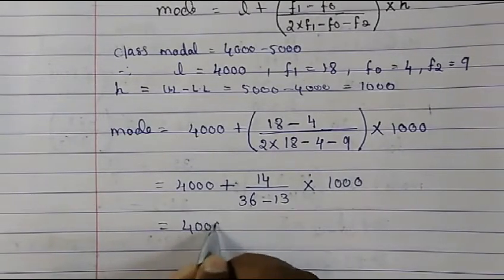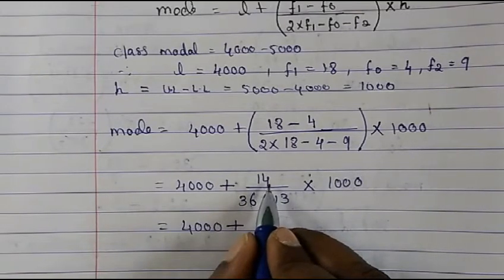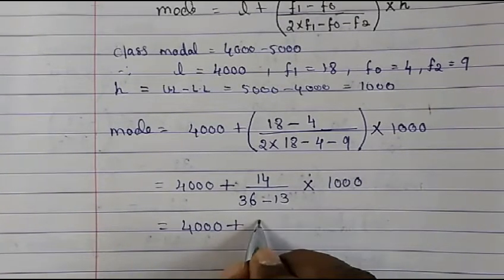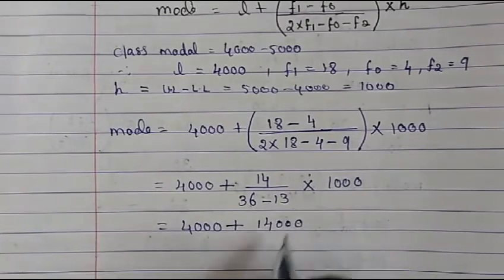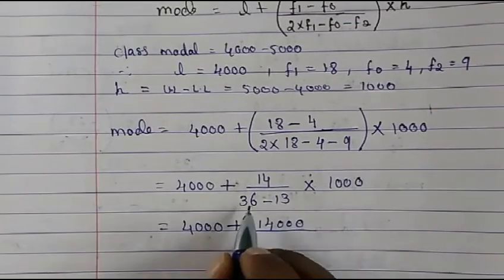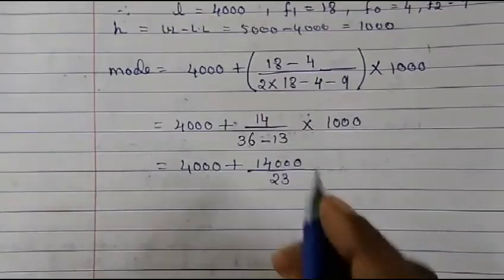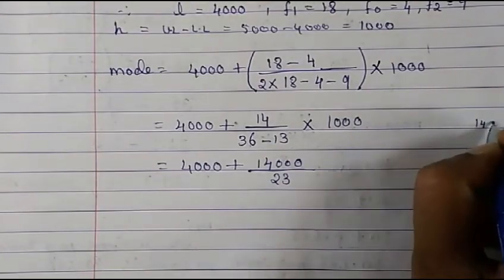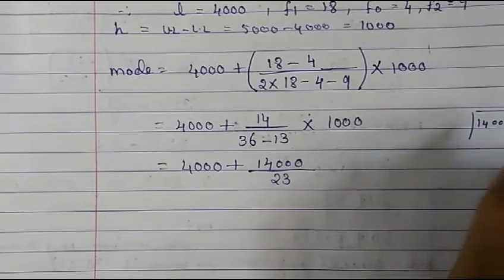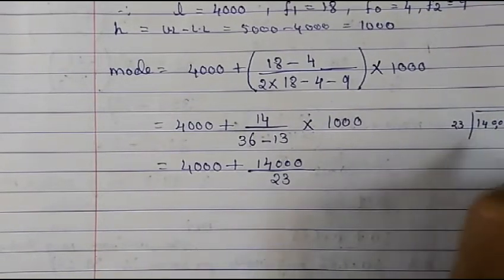So 4000 plus 14 multiplied with 1000, you will get 14,000. 14 into 1000, 14,000. 36 minus 13 will give us 23. So now you have to divide this. Let's do the division and see. 14,000 with 23. 23 will not come in 14, so we'll take 140.